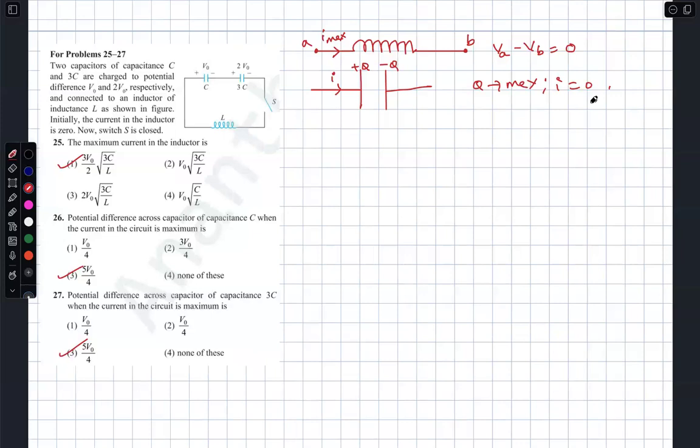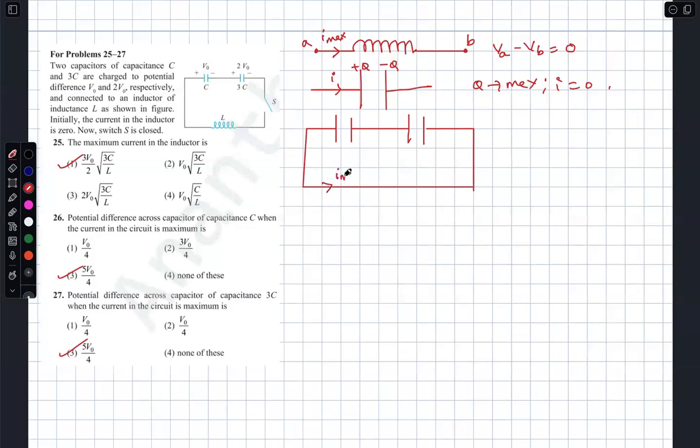The maximum current in the inductor is, please try to understand, when the inductor reaches the maximum current state, the inductor behaves like a conductor.